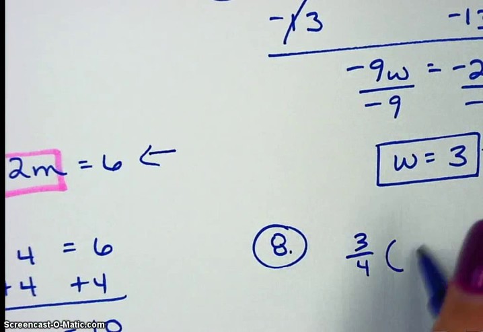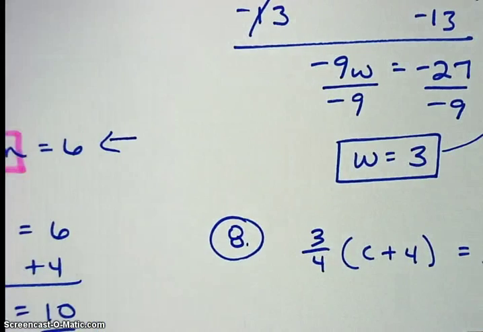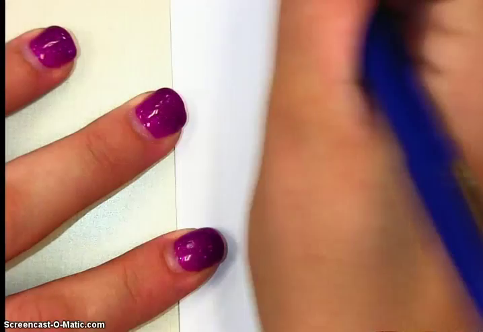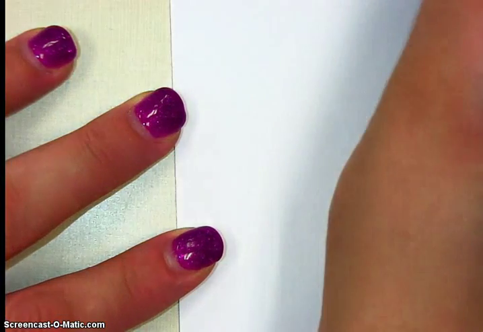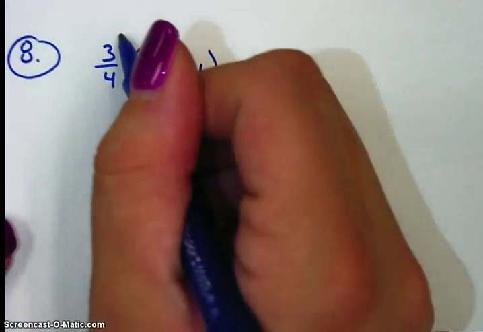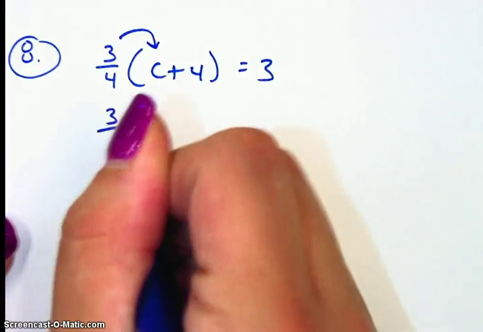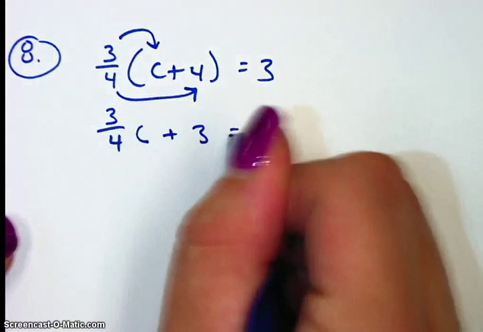3/4 times c plus 4 equals 3. Actually, I'm going to do this on a separate sheet of paper because there's two ways to do number 8. Okay, so the first way is to do the normal distribution. 3/4 times C, 3/4 times 4.